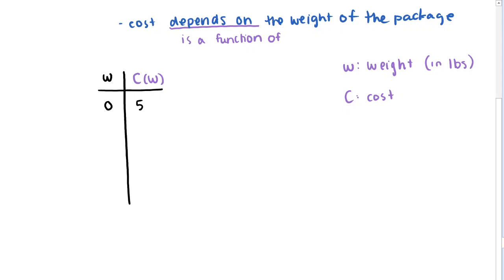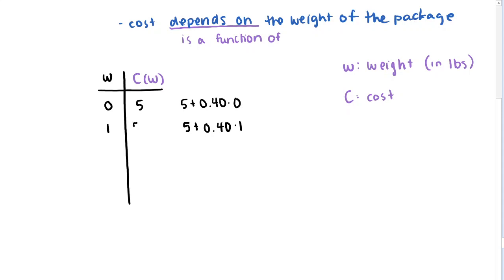And I can imagine this as being 5 plus 0.4 times 0, right? There's $0.4 per pound, 0.4 or 40 cents per pound that should be added on to the cost. But there's no weight here, so that part's not super relevant. But here, if I have a weight of 1 pound for this package, we see that, well, to compute the cost of the package, I'm going to add on one set of 40 cents to our initial $5 fee, right?